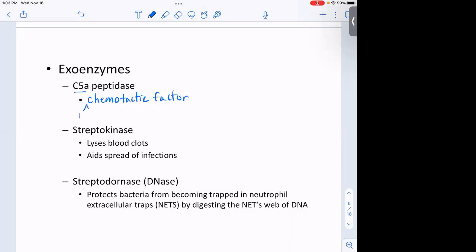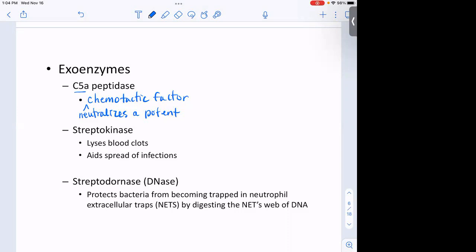The enzyme that Strep pyogenes releases, C5a peptidase, basically neutralizes that C5a. So fewer white blood cells come to the site of the infection where the Strep pyogenes is trying to establish itself.